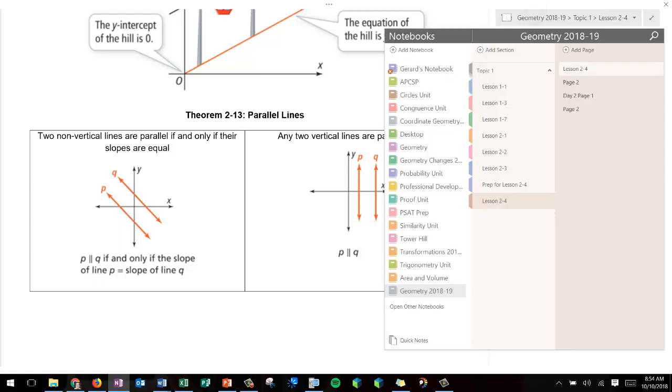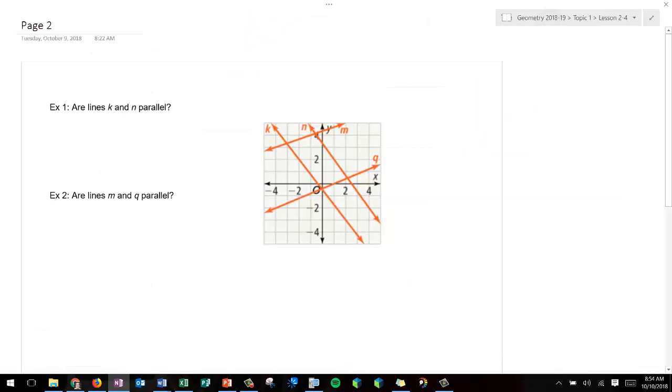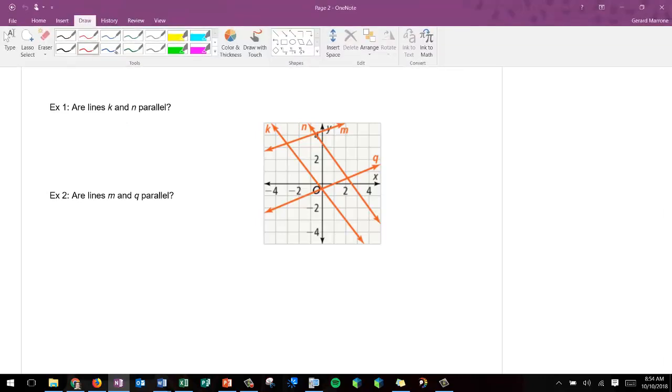So we're going to take a look at a couple of these and try to determine whether or not they are parallel. All you're looking for is the slope here. They've given us lines K and N, and they want to know, are they parallel? I'm going to look for points that are on the cross marks of my graph. For point K, I'm going to change to a different color than red.